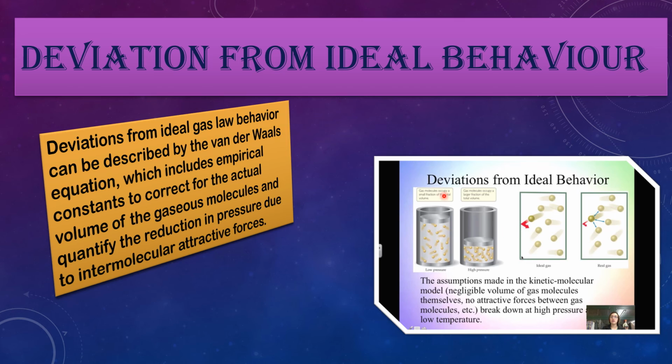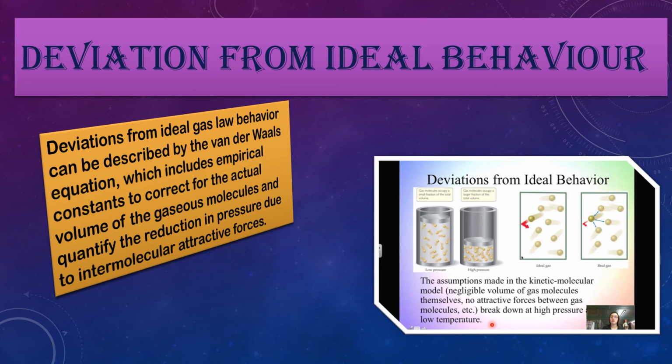See the diagram, deviations from ideal behavior has been shown. The assumptions made in the kinetic molecular model, negligible volume of gas molecules themselves, no attractive forces between gas molecules, etc., break down at high pressure and low temperature.